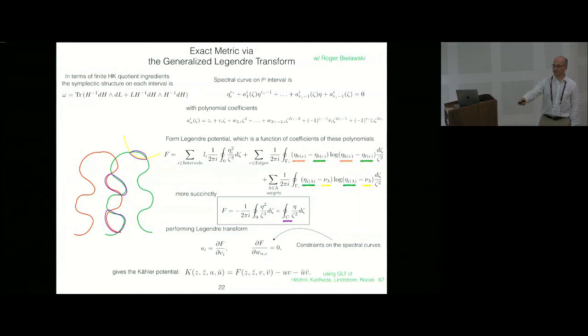So this is a generalized Legendre transform construction of Hitchin, Karlhede, Lindström, and Roček. The generalized Legendre transform is this prescription of going from f to the Kähler potential to get the hyperkähler metric. In this case, it simply emerges from the bow and analyzing the underlying integrable system.